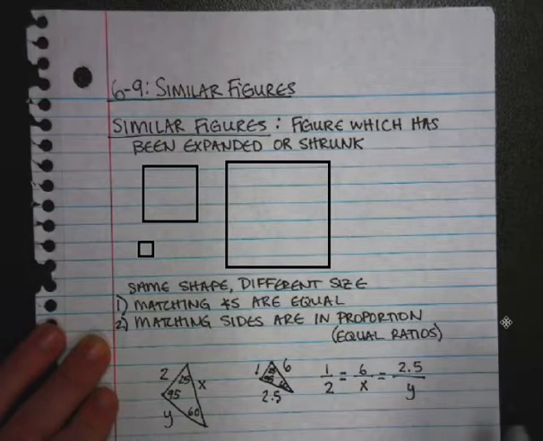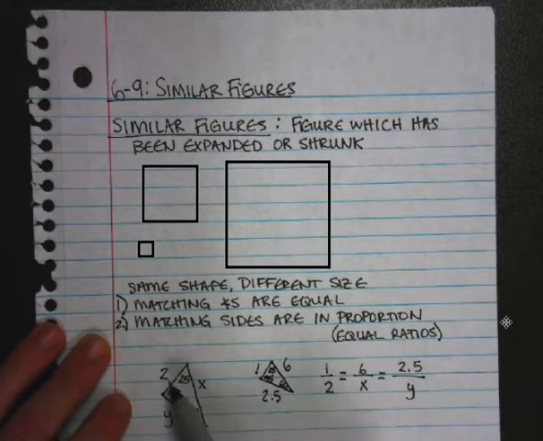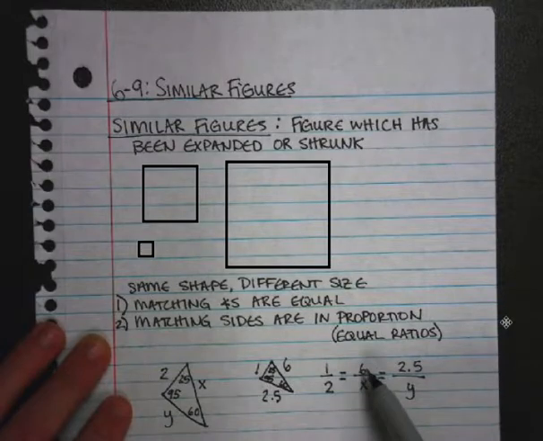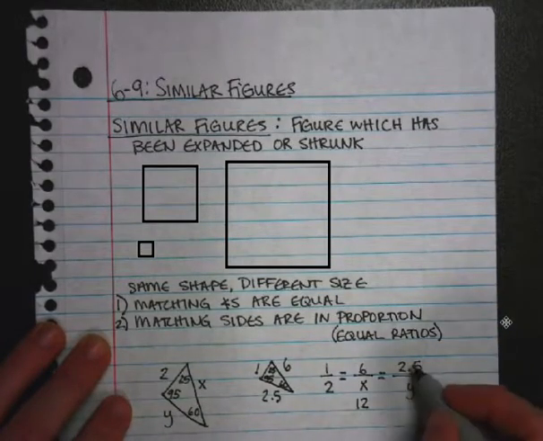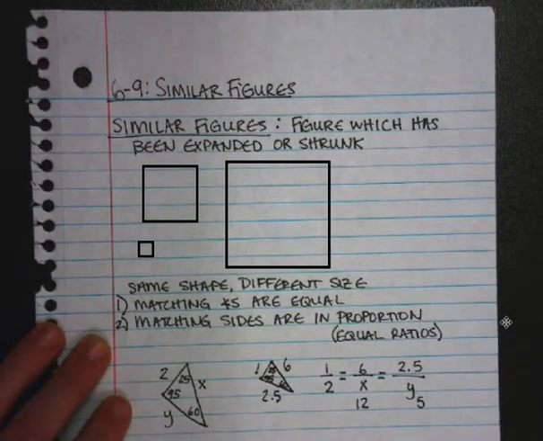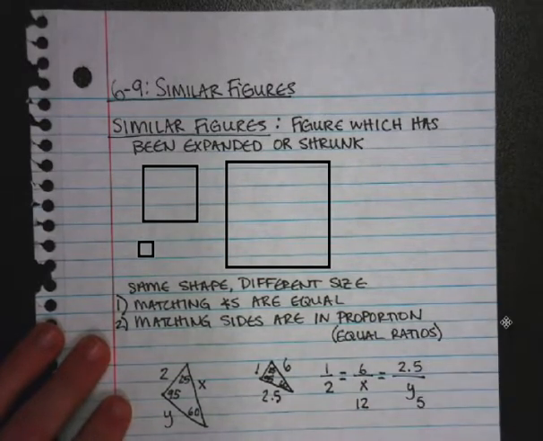Okay, so if I know 1 to 2, this one would have to be 6 to 12 because I doubled it. And this would have to be 2.5 to 5, again because I doubled it. So they all have to be equal ratios, half, half, and half.